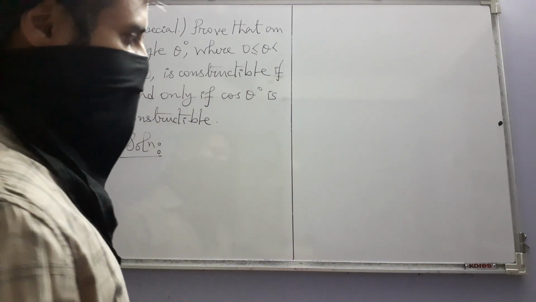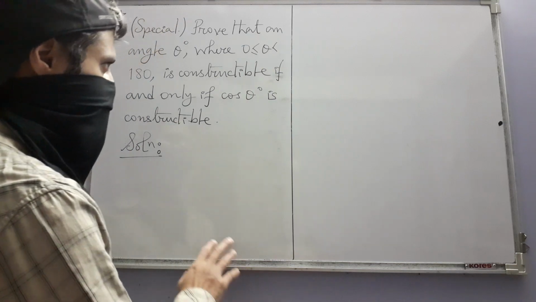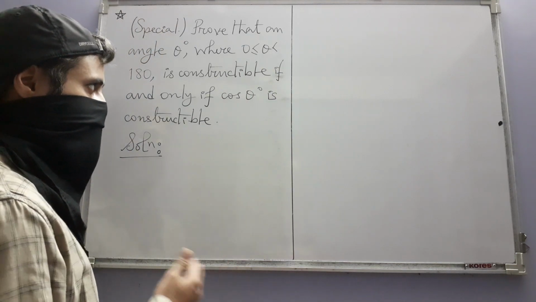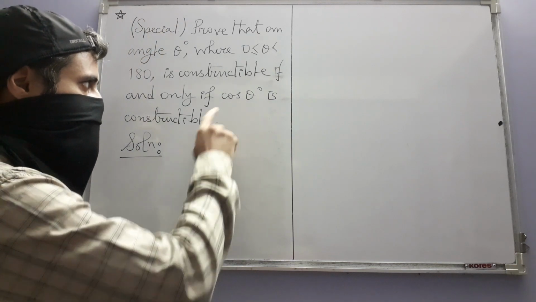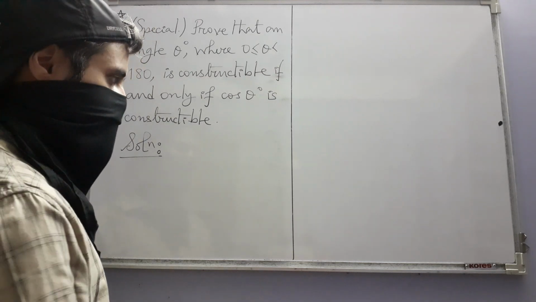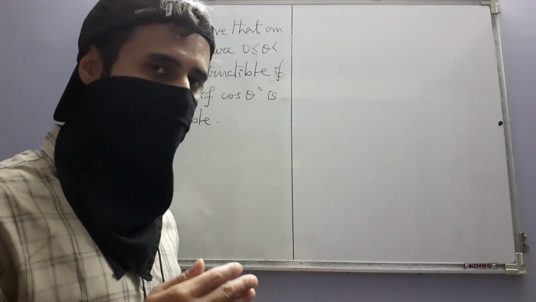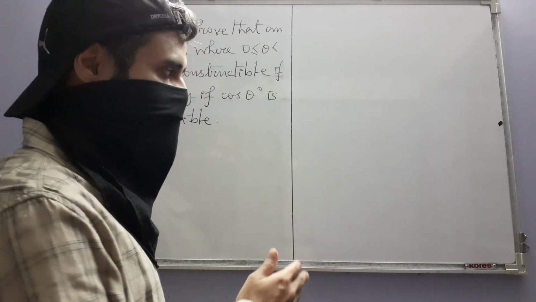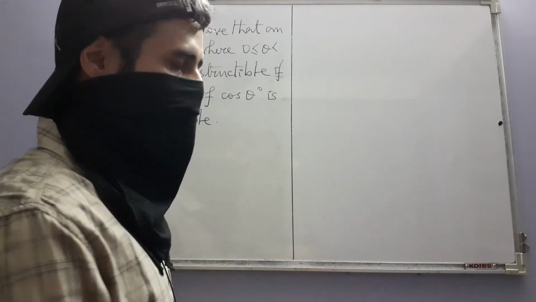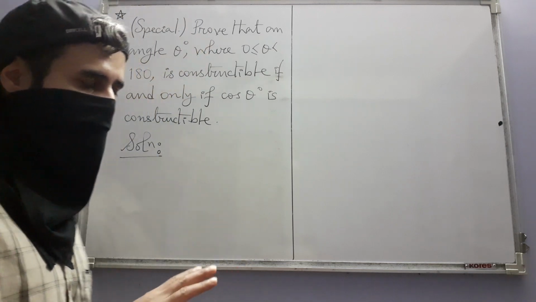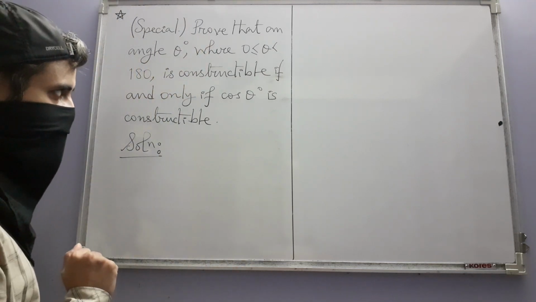So this exercise is about constructibility of an angle and constructibility of the cosine of that angle. You remember that by definition an angle is said to be constructible if it is an angle between two constructible lines. That's how we define constructibility of angles.